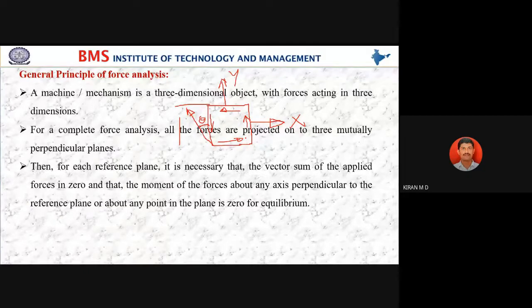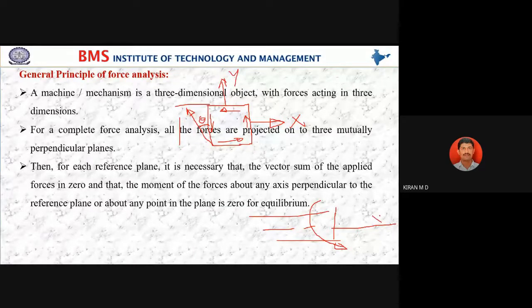If the body is undergoing movement or torque or couple, for example, we have a shaft, and if the shaft is rotating, a torque will act. This axis is perpendicular to the Y axis.